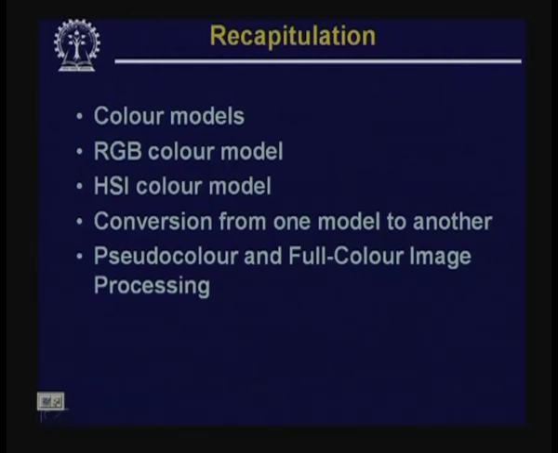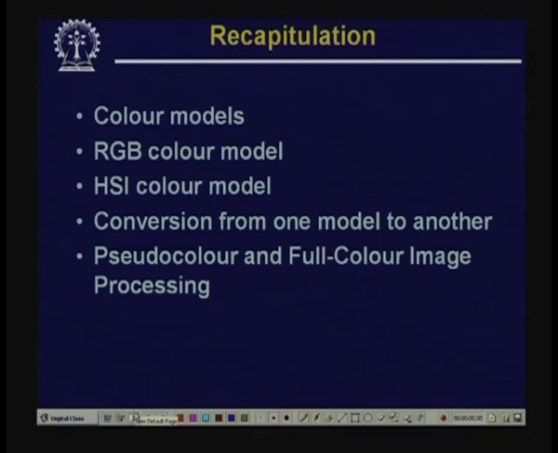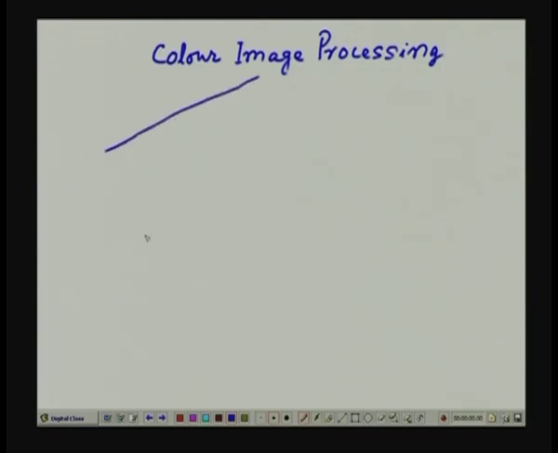we have just told about the difference between pseudo color and full color image processing techniques. So, in our last class, we said that when we talk about color image processing techniques, generally we have two categories of color image processing.